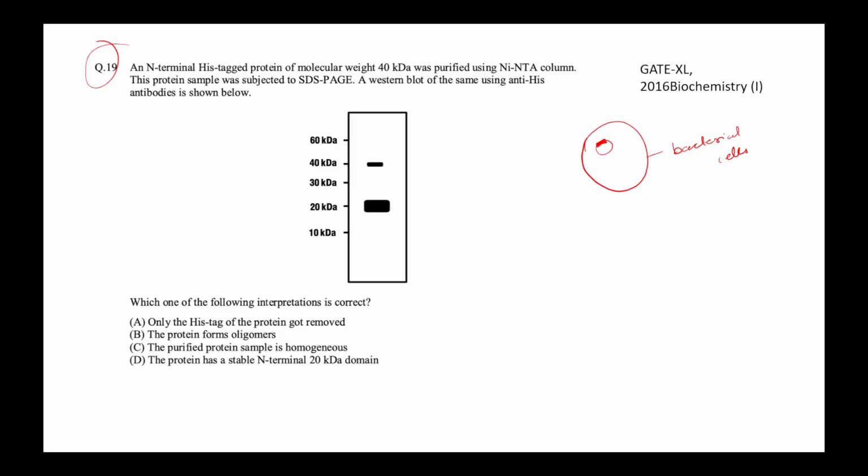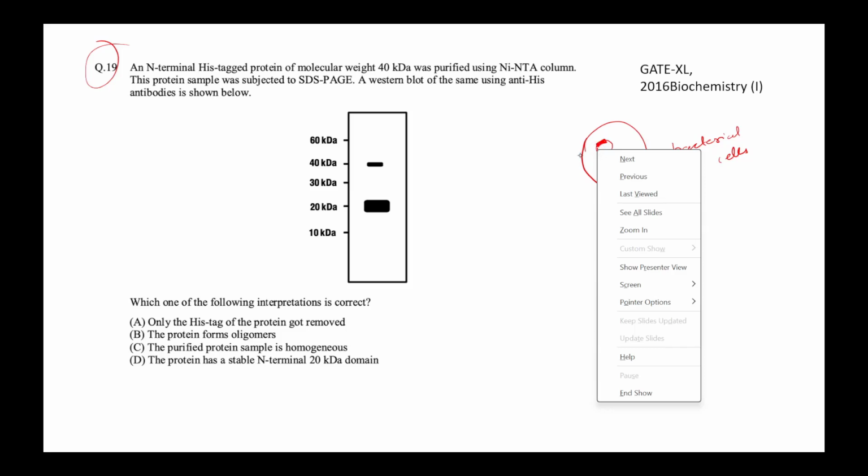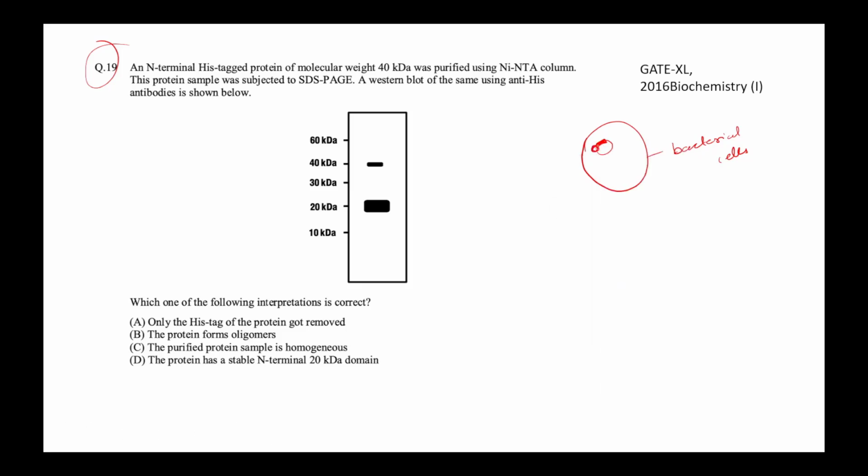Inside the bacteria this protein will overexpress. Here they have tagged the N-terminal of the protein with histidine, so the protein carries an N-terminal histidine tag, and using this tag the protein purification can be achieved.